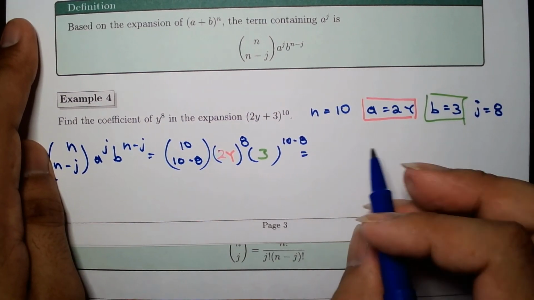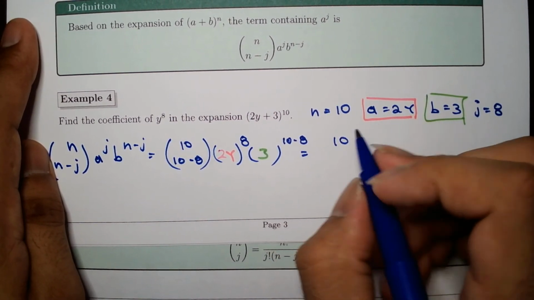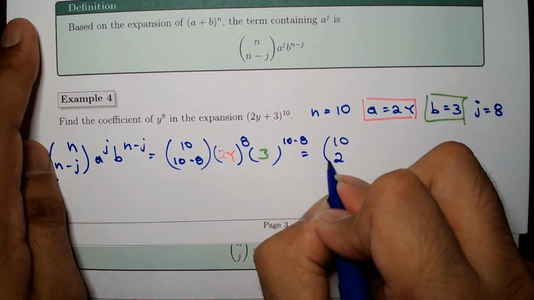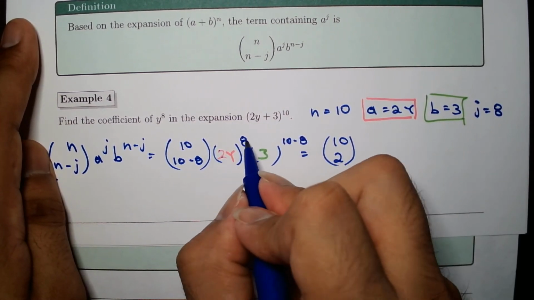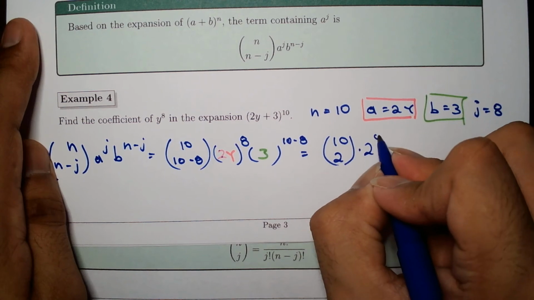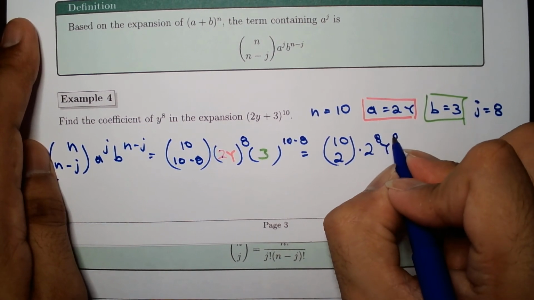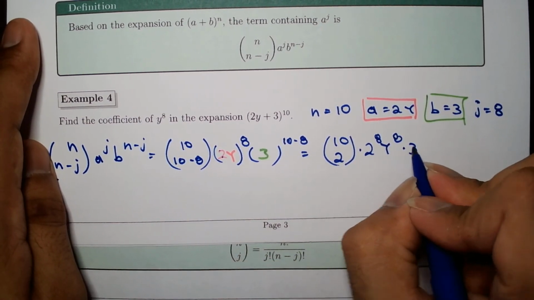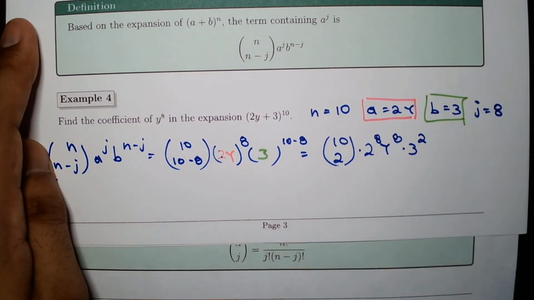And in this case, let's simplify this. 10 choose 2, and then 2 to the 8, y to the 8, 3 to the 10 minus 8, that's squared.